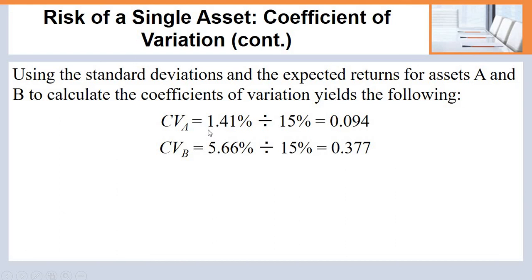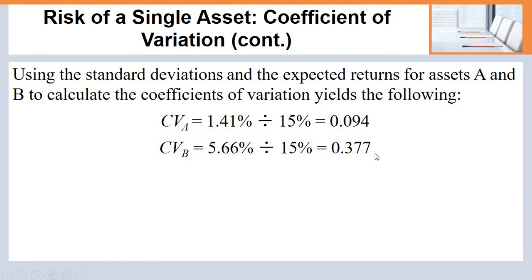That's the standard deviation of asset A, 1.41%, divided by 15%, the expected rate of return, and for asset B, 5.66% divided by 15%. So the CV of asset B is more than the CV of asset A.